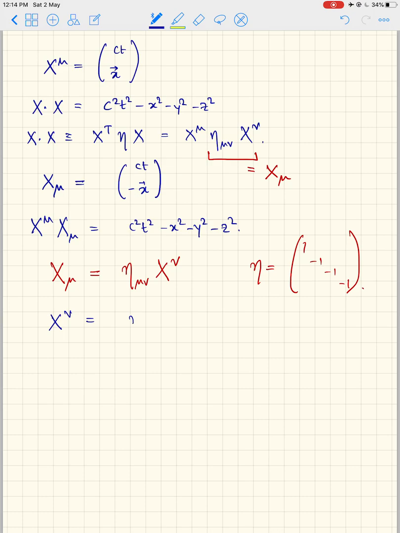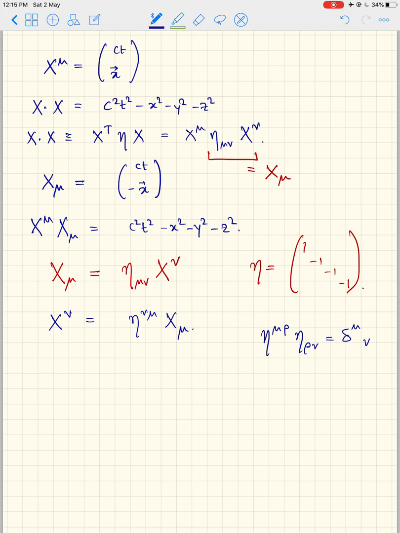So this is given by eta mu nu x nu. So eta mu rho eta rho nu is going to be given by delta mu nu. So these are inverses of one another: eta mu nu upstairs and eta mu nu downstairs are inverses of one another.